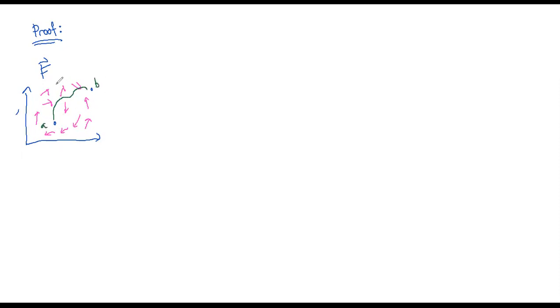So here's path 1. And then here's path 2. And they both go from A to B, so I'll put an arrow on them because that'll be important later. So there.